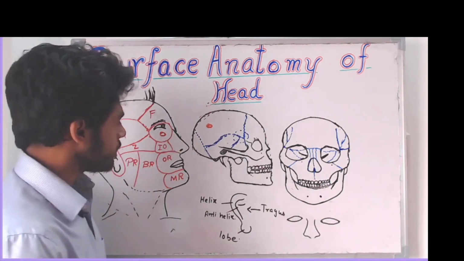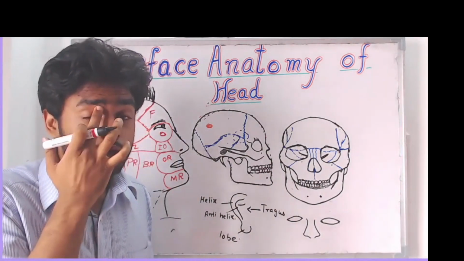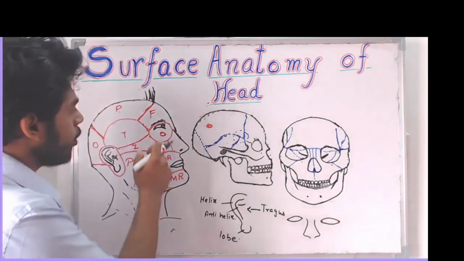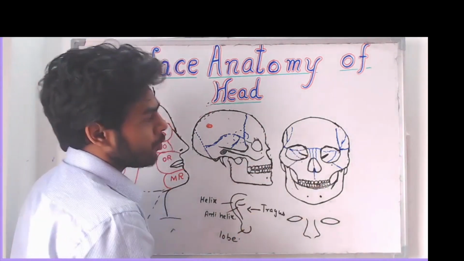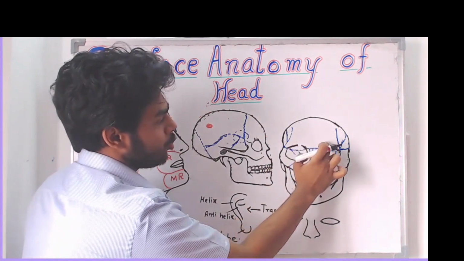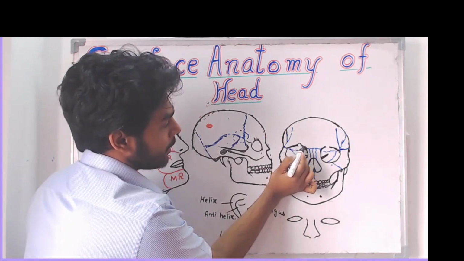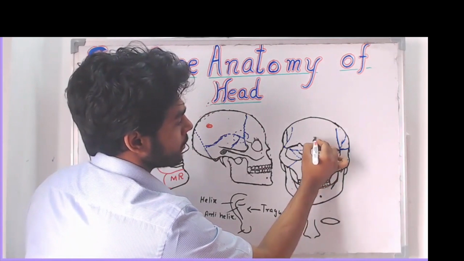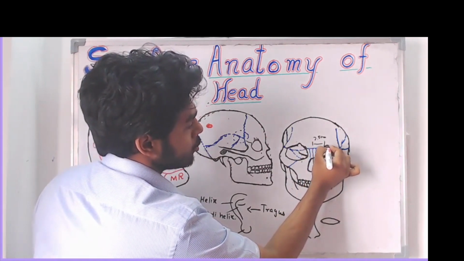One more structure is present when you palpate the upper border of the orbit, that is the supraorbital margin. You will feel a notch, the supraorbital notch. This notch is present in the frontal bone, about 2.5 centimeters from the midline, in the supraorbital margin.